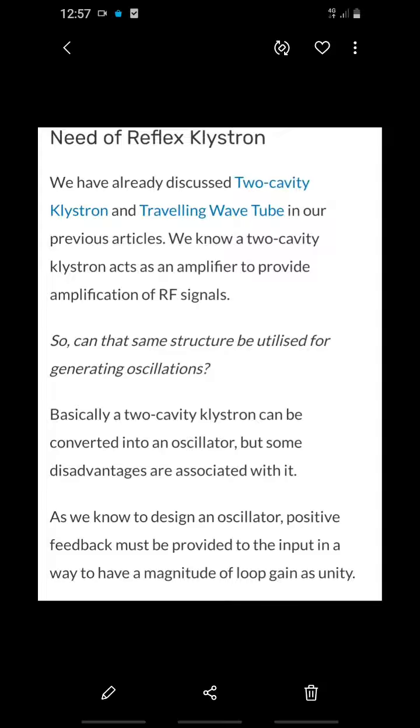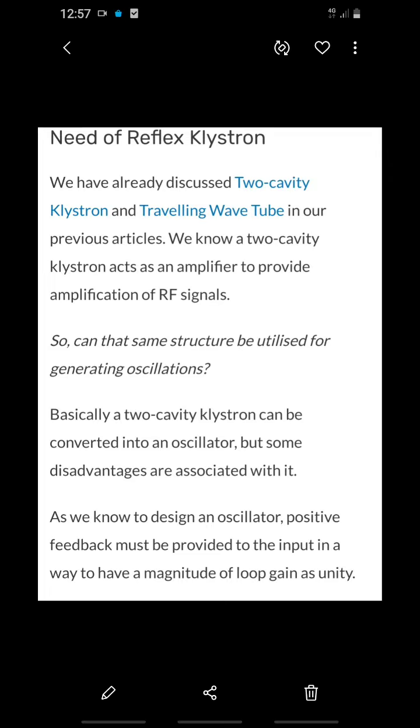Now, what is the need of the reflex klystron? We have already discussed the two cavity klystron and the traveling wave tube in our previous articles. We know a two cavity klystron acts as an amplifier to provide amplification of RF signals.